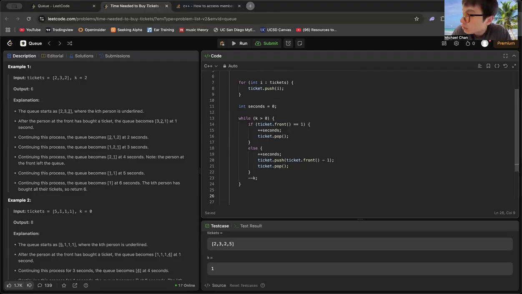On a line, then I have to go through it twice more. Just add it and I pop it.